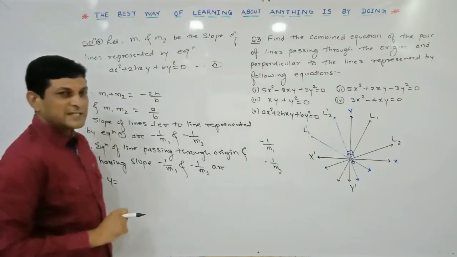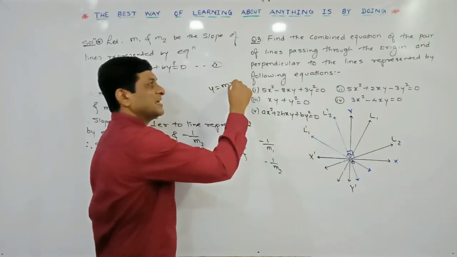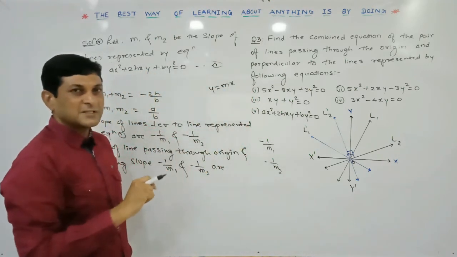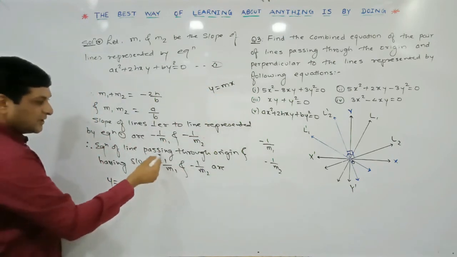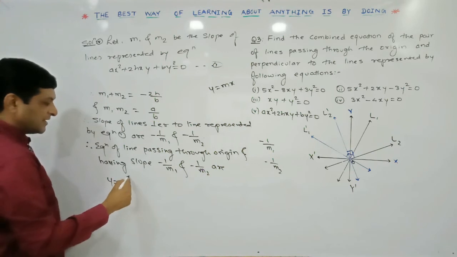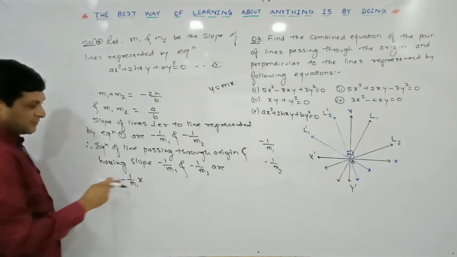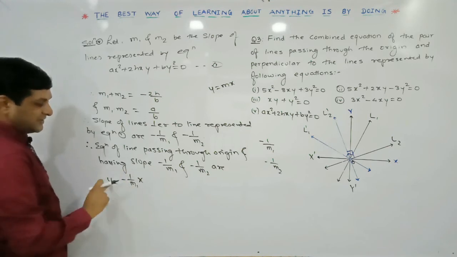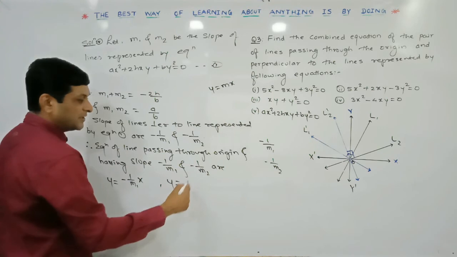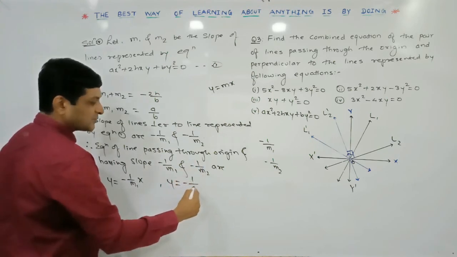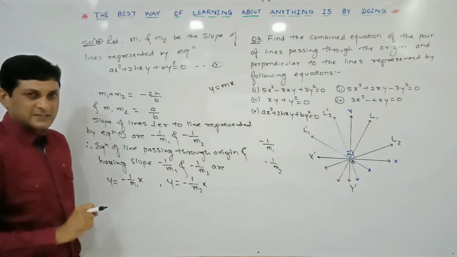We know that if a line passes through the origin, its equation is in the form y is equal to mx, since y is equal to mx plus c, and c is absent. If a line passes through the origin, the constant term is absent. So y is equal to mx. What is the value of m here? Minus 1 upon m1 is the slope, so y is equal to minus 1 upon m1 into x, and the equation of the second line is y is equal to minus 1 upon m2 into x. So the equations of both lines are known to us.